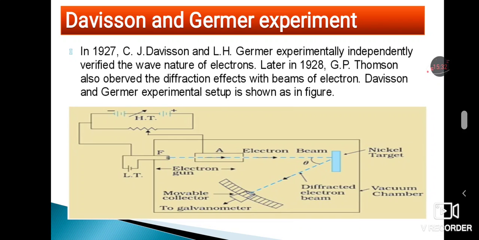The electrons are ejected from the filament and strike the nickel target, or nickel crystal, and are scattered in all directions. A movable collector collects the scattered electrons, producing a small current that is detected in the galvanometer. So these are the experimental setups shown.